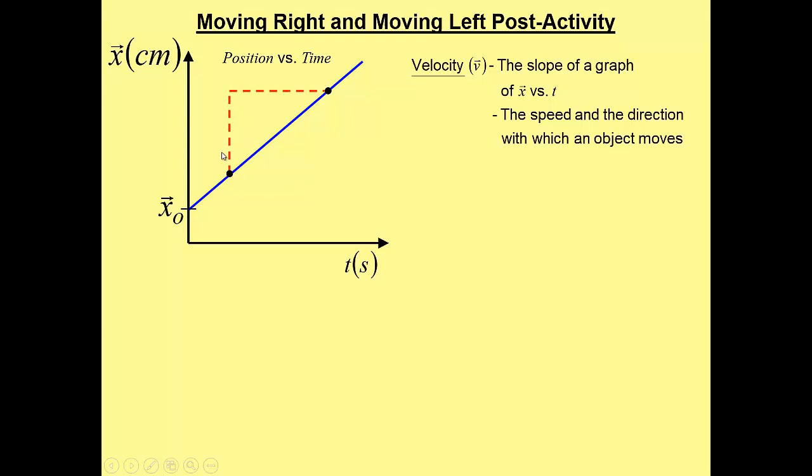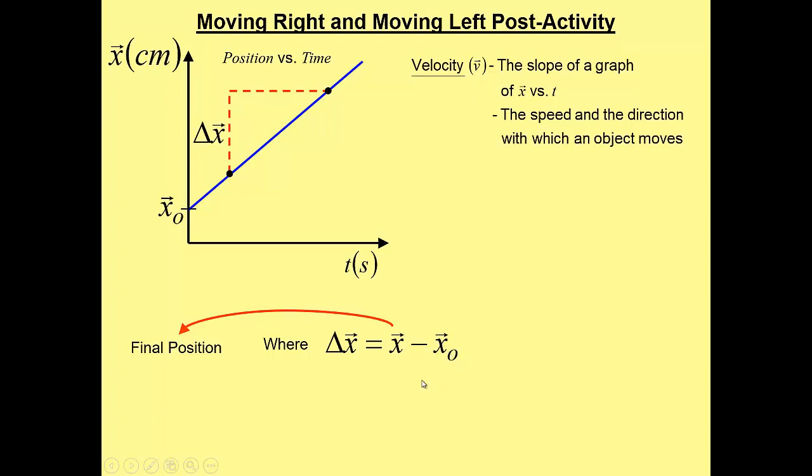The rise here would represent, well, we're graphing position on the vertical axis, so the rise would represent the change in the position. This is the change in symbol, change in position. You find a change in by doing final minus initial. X with nothing on it is final position. So this is final position minus initial position.